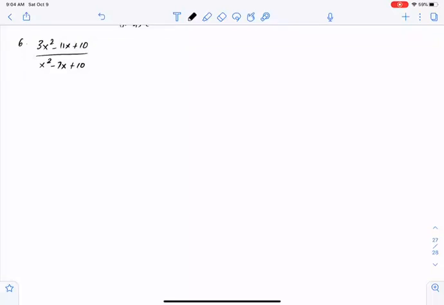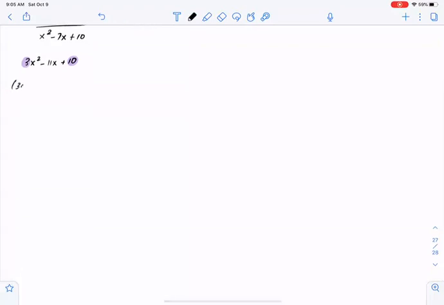So should we keep the function as is, or should we try to reduce it by factoring and then cancelling? We'll start with the numerator. So we have 10 times 3, which is 30. I want to split 30 up into 2 terms so that I get negative 11.